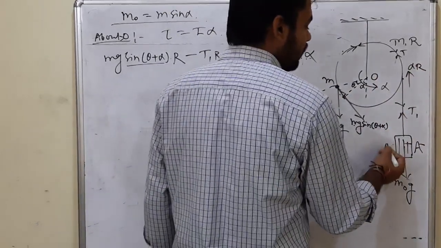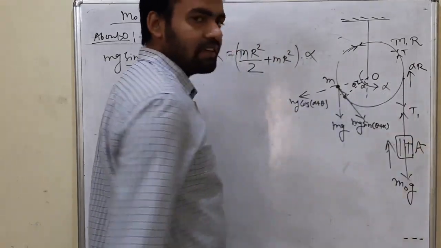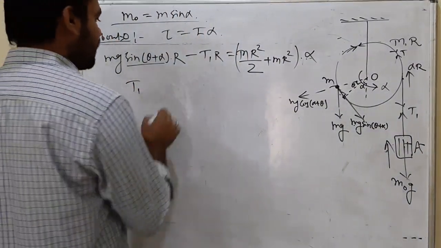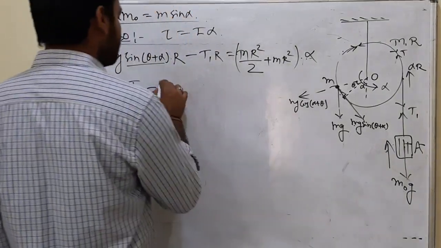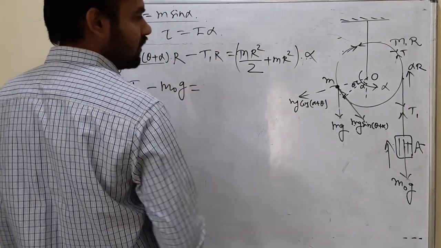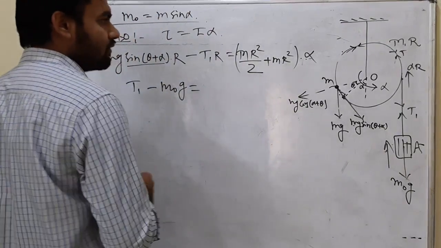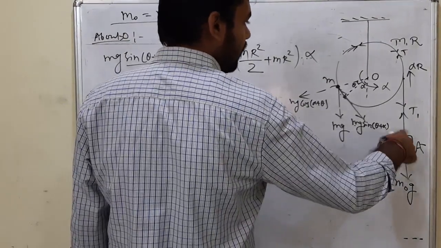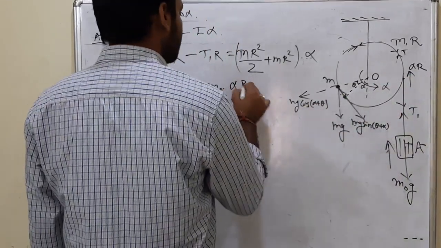That's why this block will also move with the same acceleration. So T1 minus m naught g must equal m naught times the acceleration of this block, which is alpha times r.